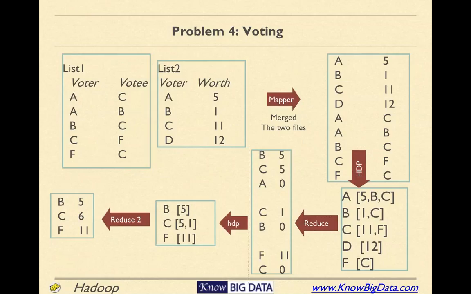If A voted for millions of people, this list is going to be really, really big, and this reduce may not be able to handle that. If a person has voted for millions of users, then this strategy may not suffice. Otherwise, this strategy will be good enough. Those kinds of strategies can be further streamlined by selecting a different set of key values.